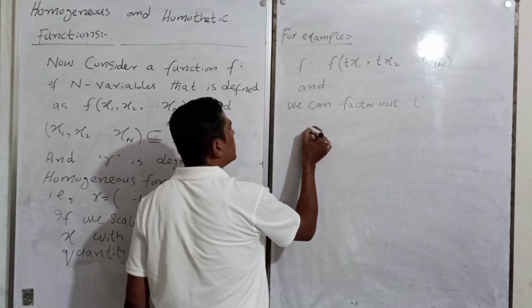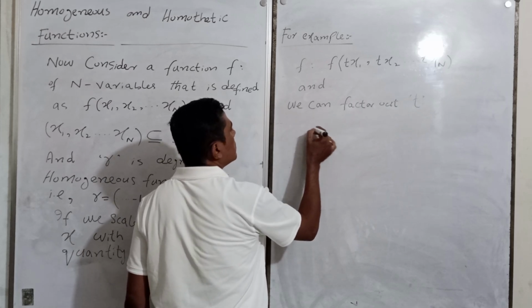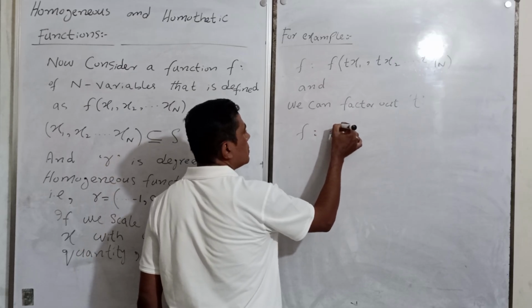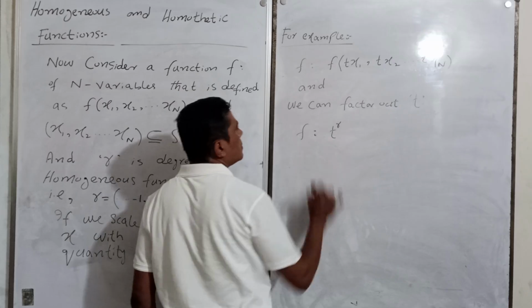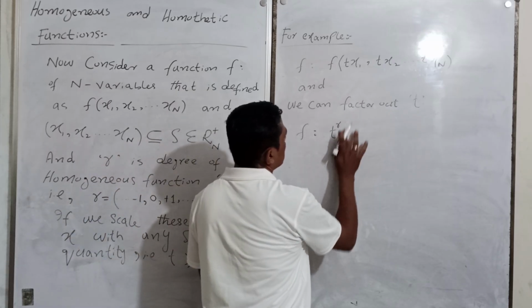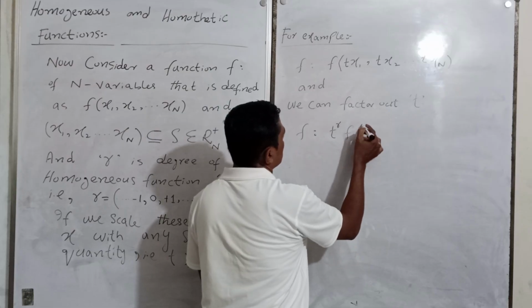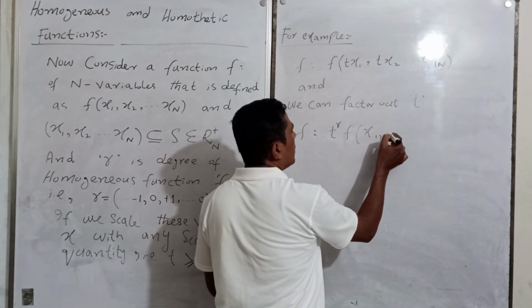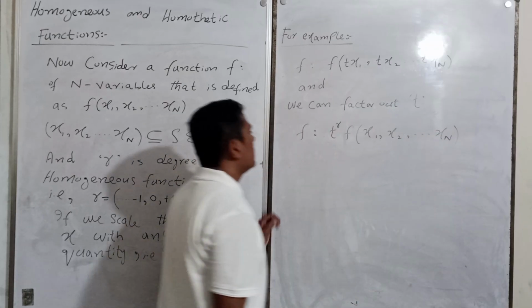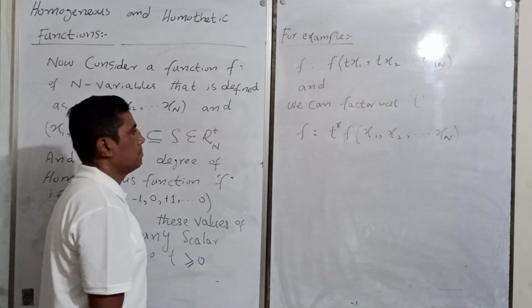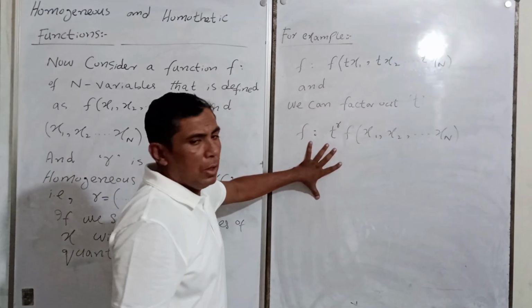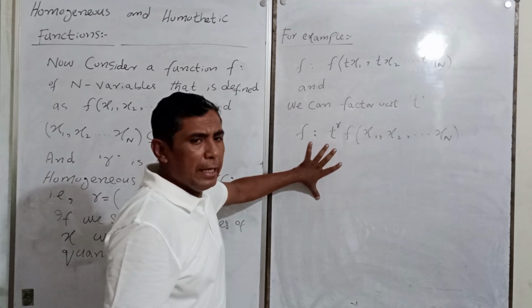How? t to the power r times f(x1, x2, and so on up to xn). Then this function is homogeneous of degree r.